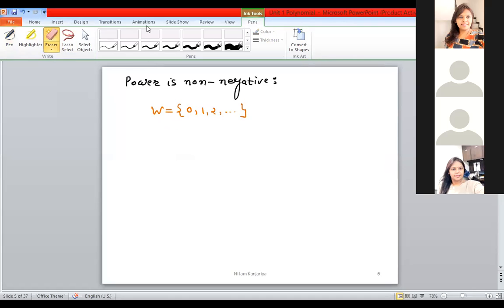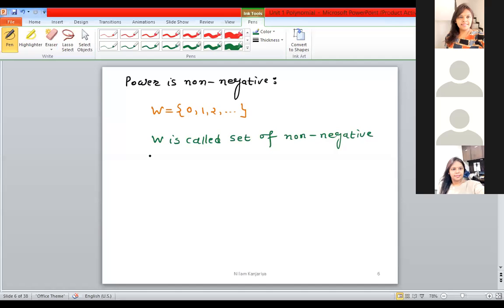W is called the set of whole numbers. So the meaning of non-negative is taking 0 and all numbers greater than 0, but all in integer form.